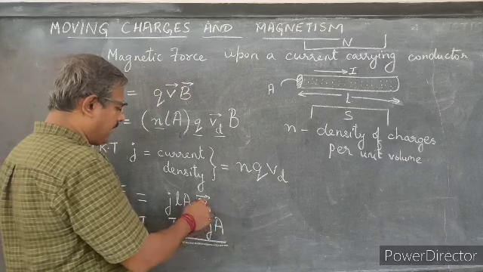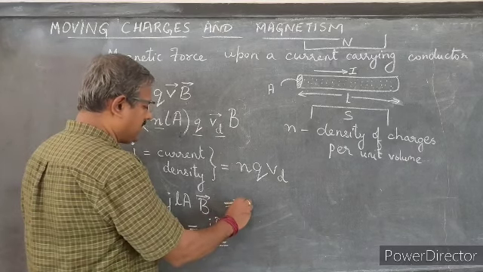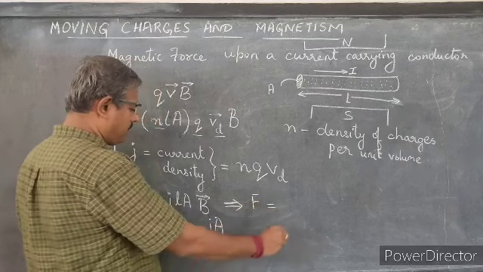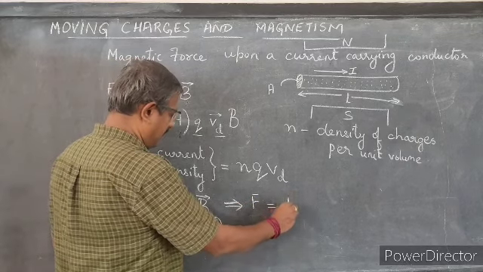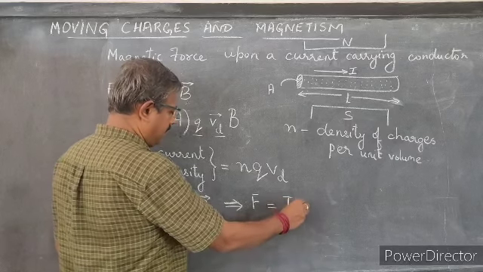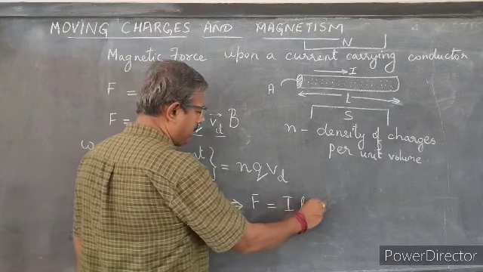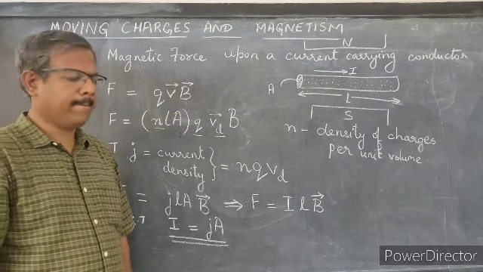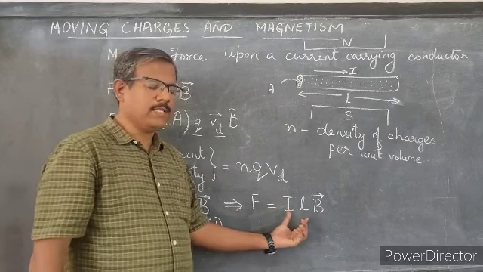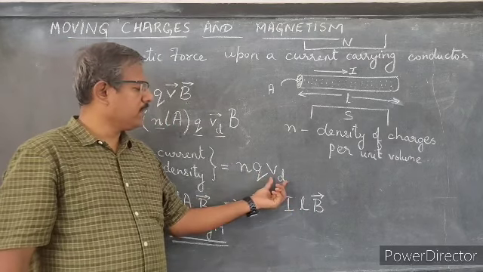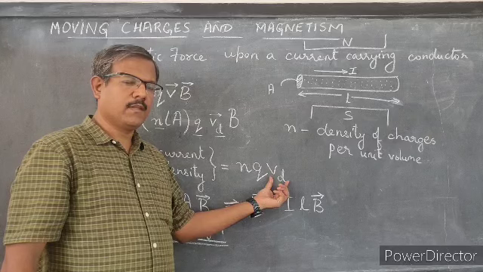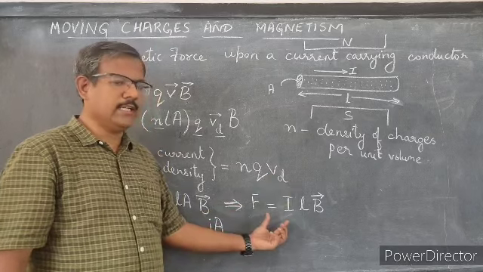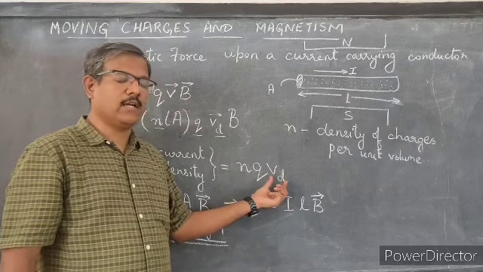So if I substitute this back in this equation, then this equation now gets modified to F is equal to I L B. But I have to compensate for Vd, because Vd was a vector, remember? It had a direction and a magnitude. Magnitude has been taken into account, but direction has not been accounted for.